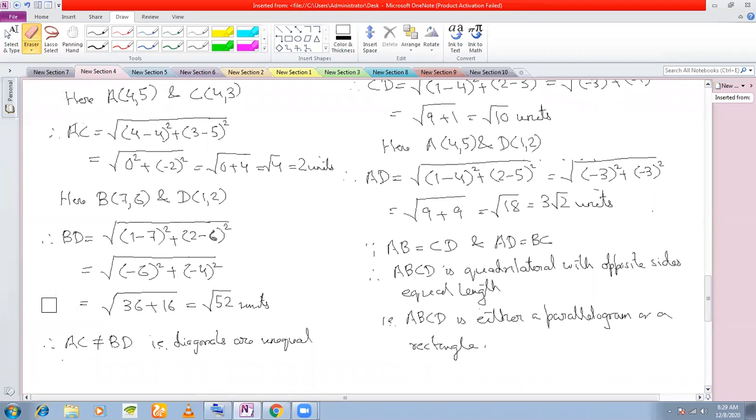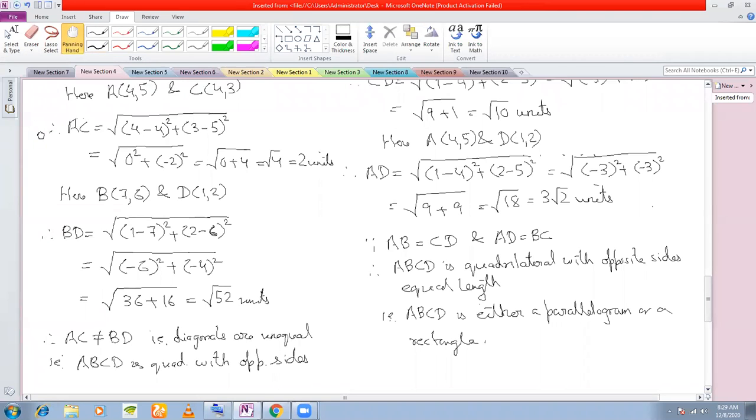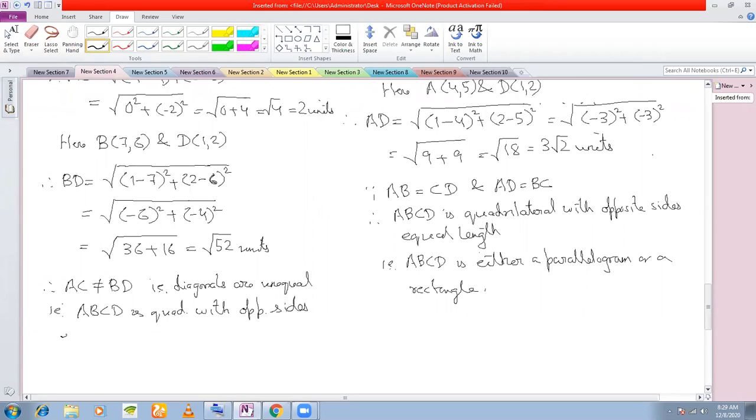What kind of quadrilateral is this? ABCD is a quadrilateral with opposite sides equal and diagonals of unequal length.